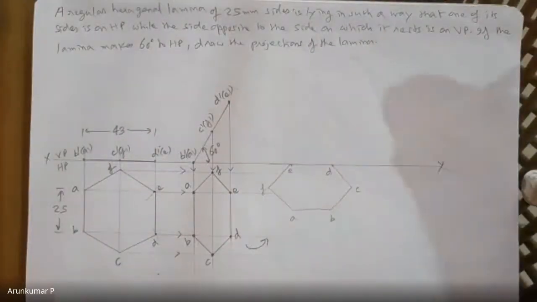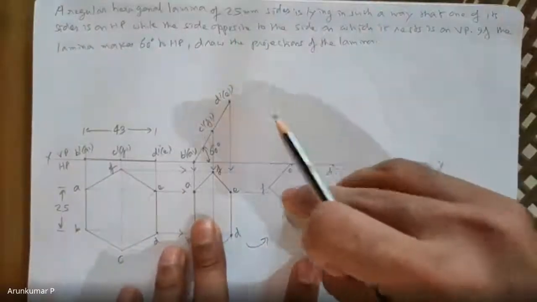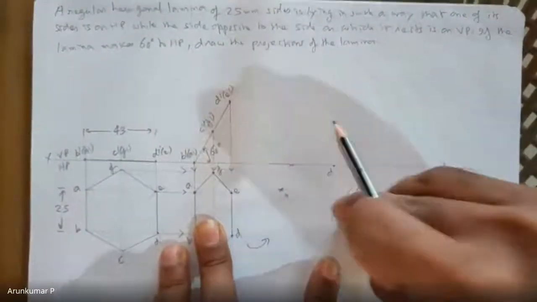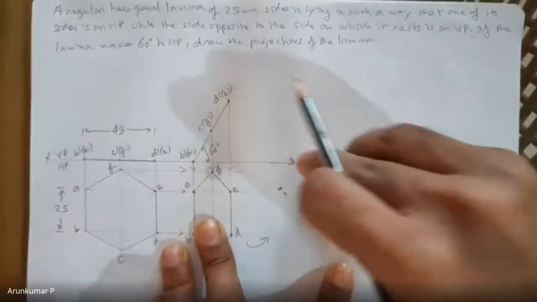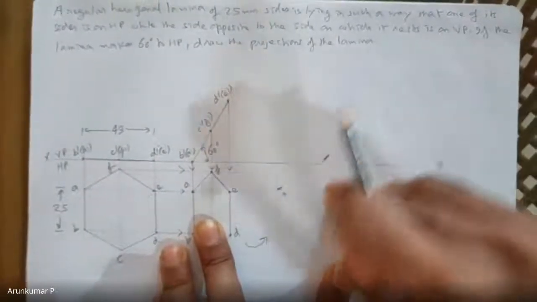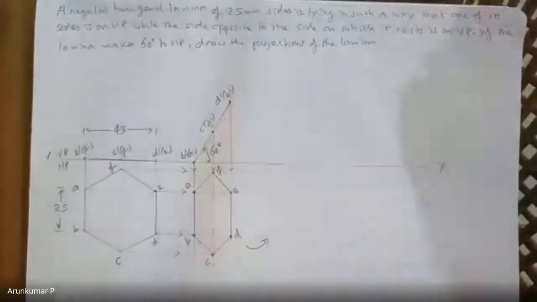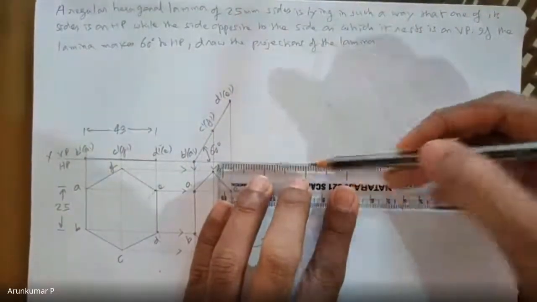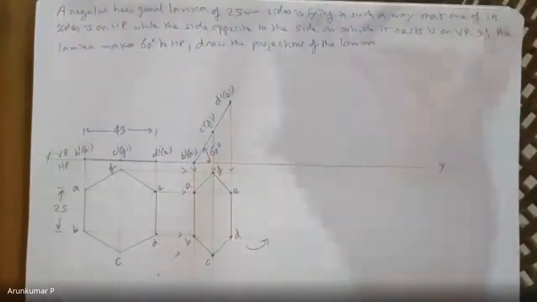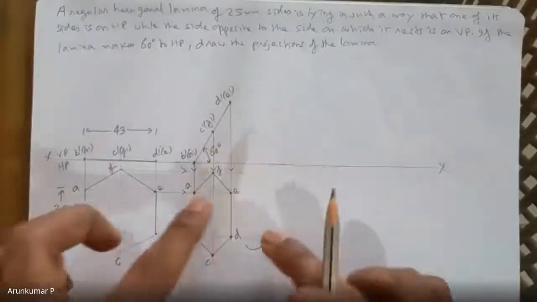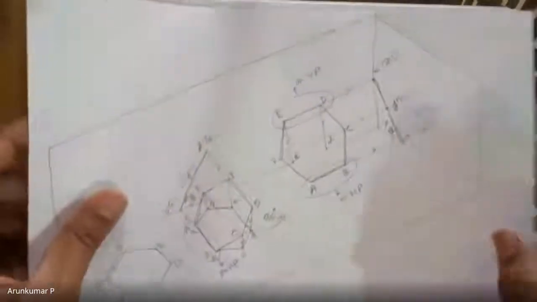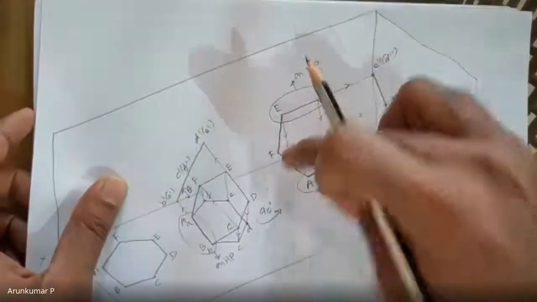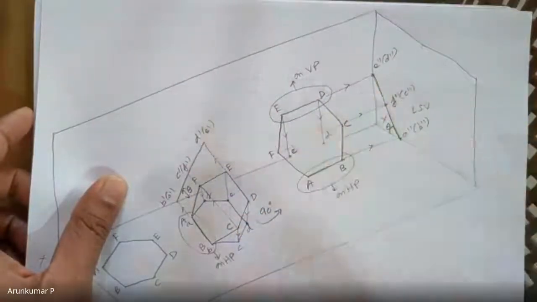Now I'll draw it to the exact scale. And I'll also tell you which point you should start with. Now, when I do this, I have to ensure that E is on the left, D is on the right, because when I rotate, then D will come on the right, E will come on the left.